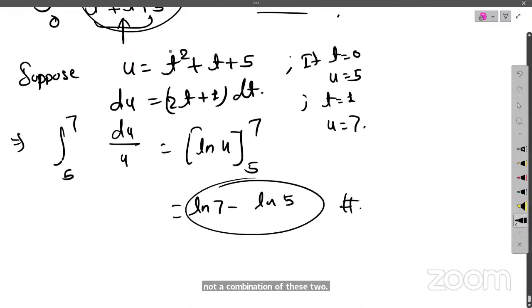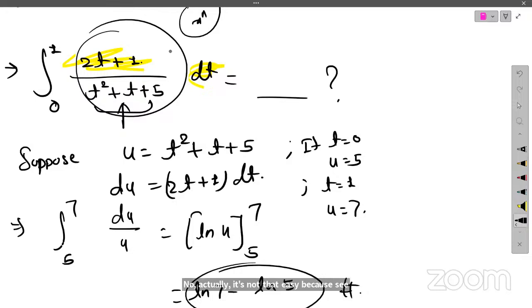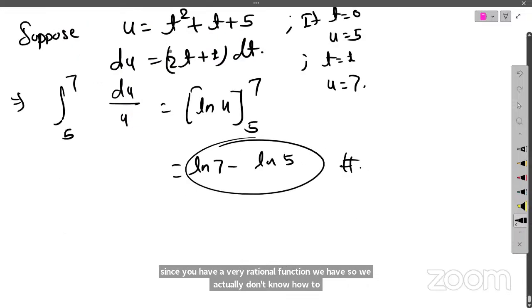So how did we manage to edit the limits? No, actually, it's not that easy because the integration process is very difficult, and since we have a very rational function, we actually don't know how to solve this using integration directly.